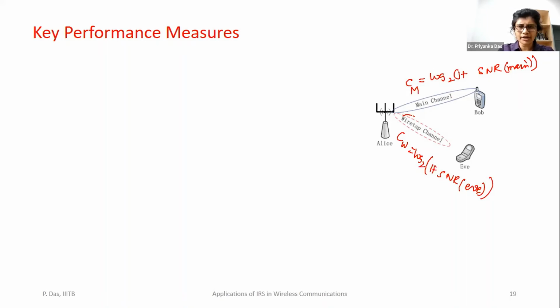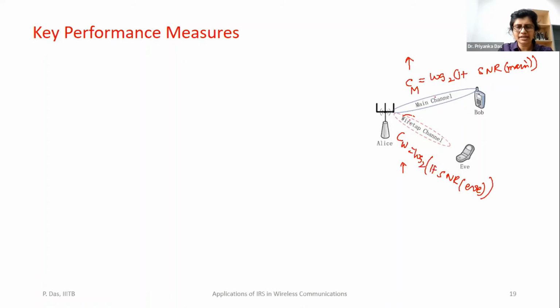Now we are looking into an information theoretic way of characterizing secrecy capacity. See what is happening. If the SNR of the main channel is high, C_M will be high. If the eavesdropper link is also high, C_W will be high. Now there is a fight: will my main channel win against the wiretap channel or not?